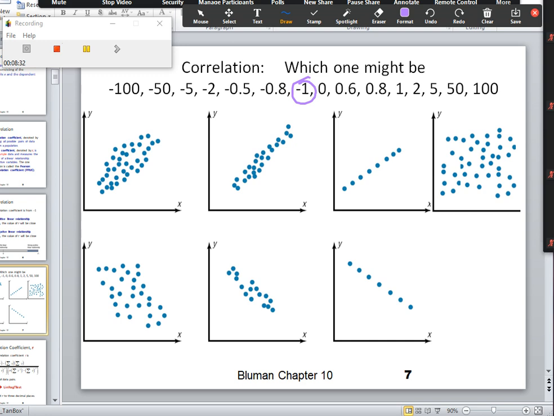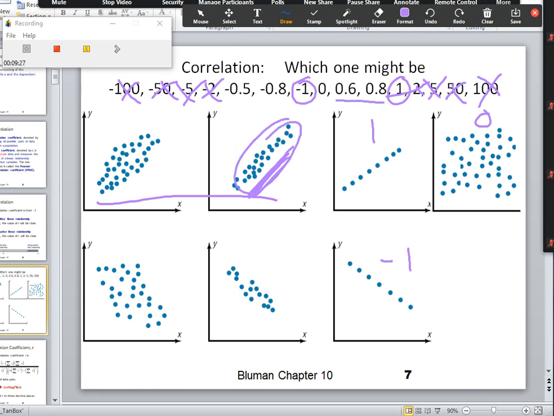And then these two are the positive ones here. This one looks more like a line, I'd say. So that one would be between 0.6 and 0.8. Since this is more like a line, which one's more like a line, 0.6 or 0.8? 0.8. So then this one's 0.6.